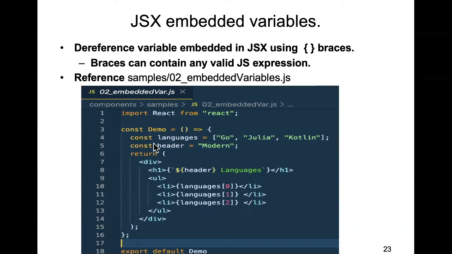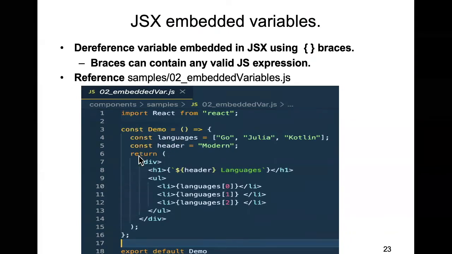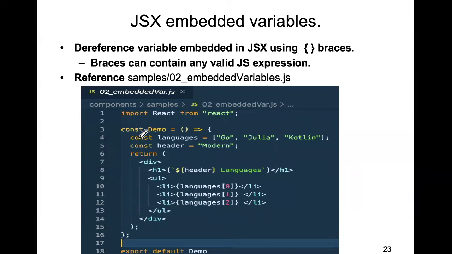Here I've got just my component. I've declared two variables, an array and a string. And down here then, within my JSX, anywhere I put curly braces, what React does is it evaluates what's inside the curly braces. So I've got them there and I've got them here as well.